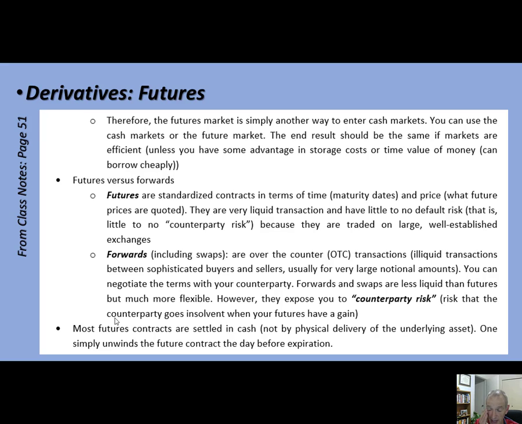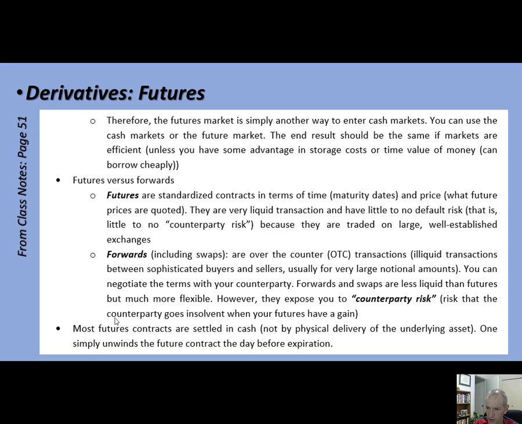If they have problems, you could actually lose money. They have collateral there for you, but if the thing you have an investment in goes from $500 million to $800 million, and you only have collateral of $600 million, and they go bust, you're not going to get that extra $200 million. So there is counterparty risk.